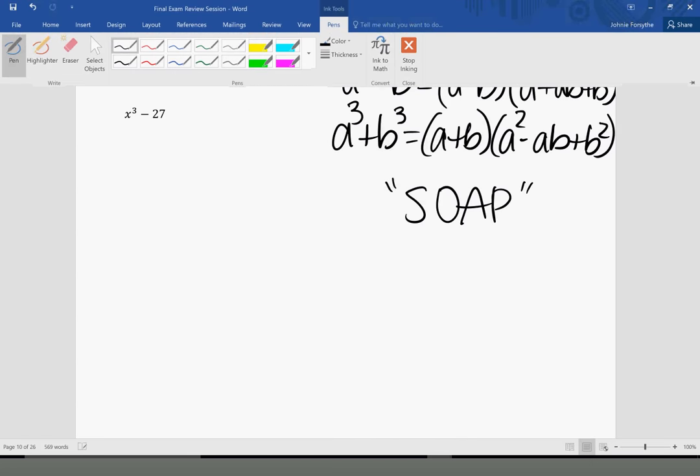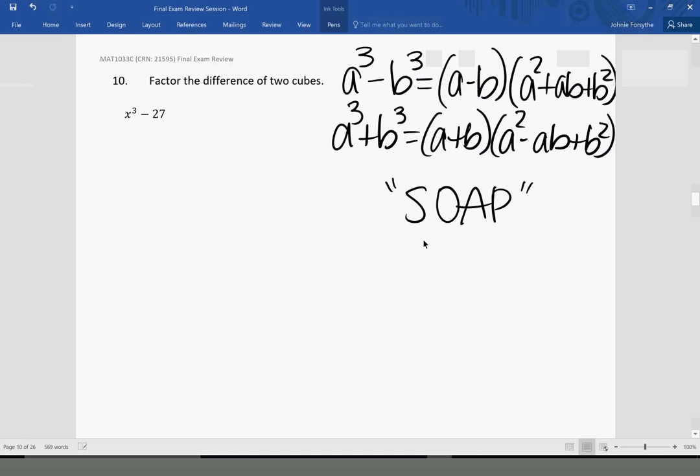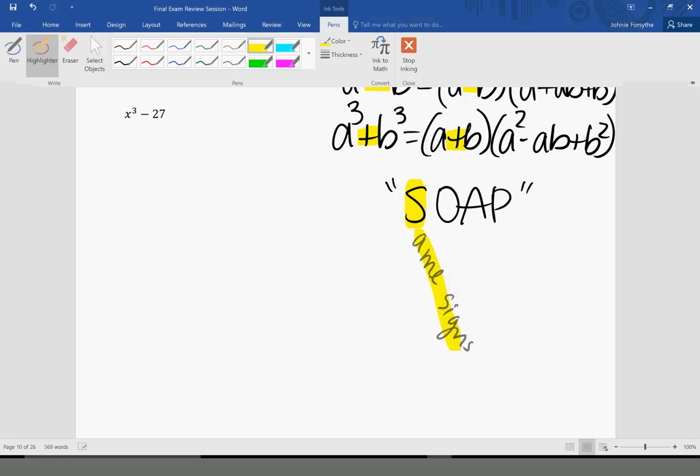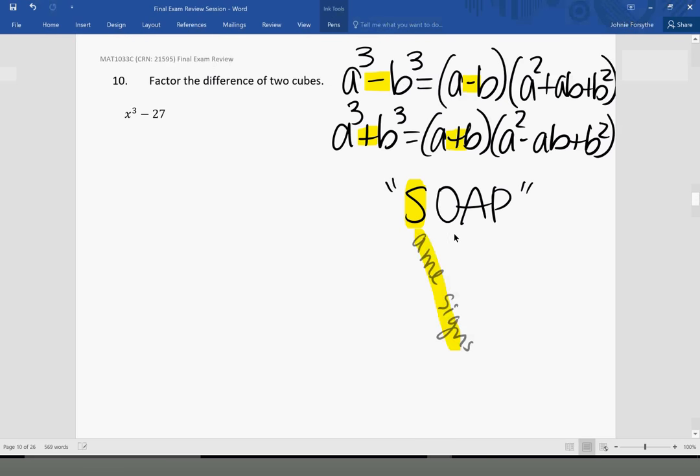Okay, so S represents same signs. So that means negative, negative, plus, plus, same signs. O means opposite.